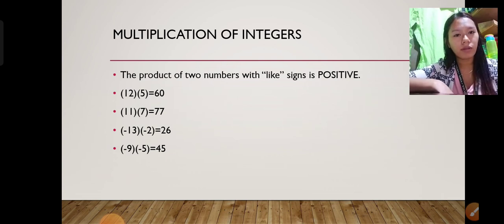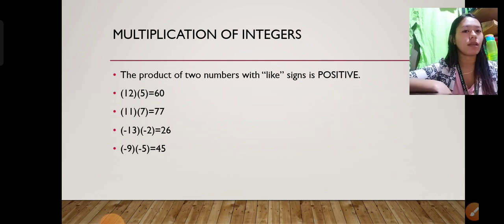Then third example is negative 13 times negative 2. Since they are both negative, our answer is positive. So, that is the rule of the multiplication of integers. Negative times negative is equal to positive. Negative times positive is equal to negative.